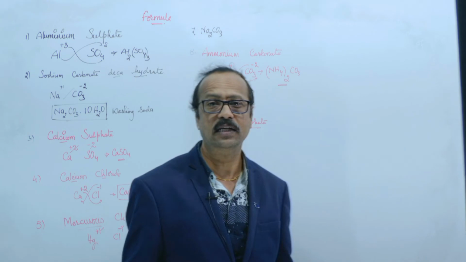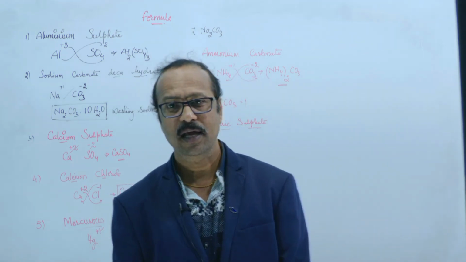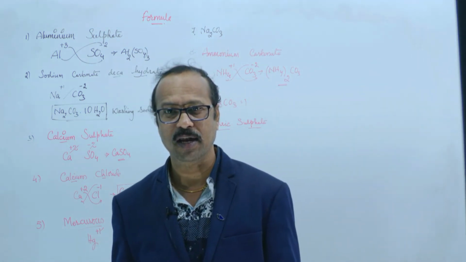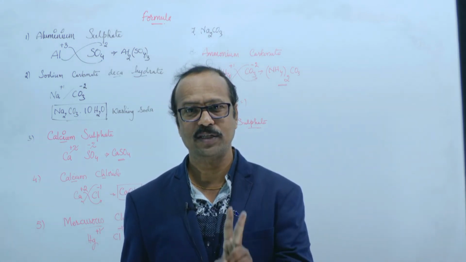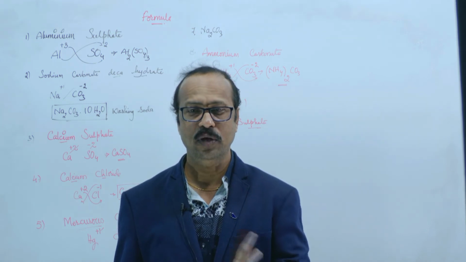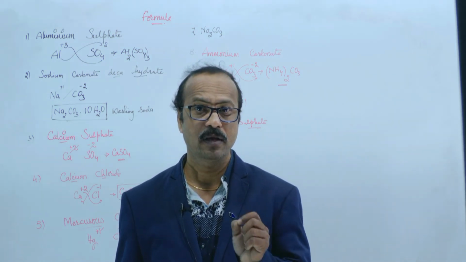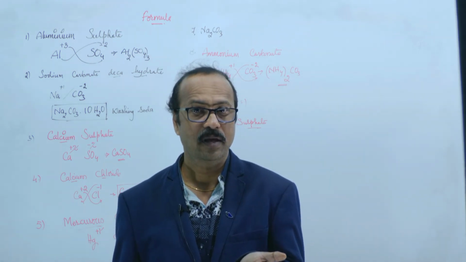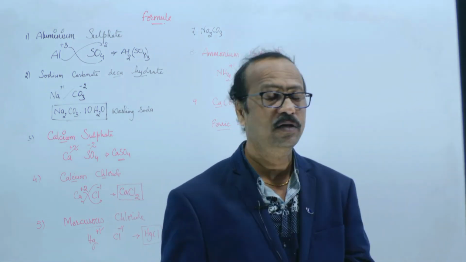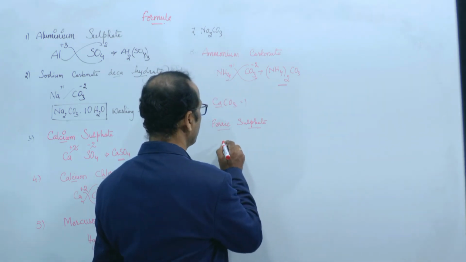Yes or no? -ous means what? The compound with lower valency. -ic means what? The compound with a higher valency. And iron can exhibit two types of valencies, that is +2 and +3. +3 is higher, +2 is lower. So lower is called -ous, higher valency is called -ic. So -ic means you have to write the higher valency.